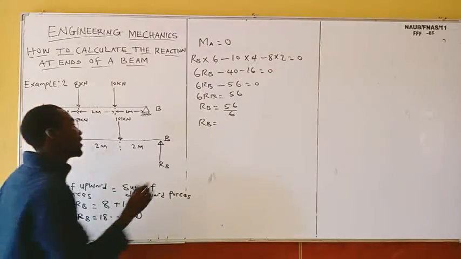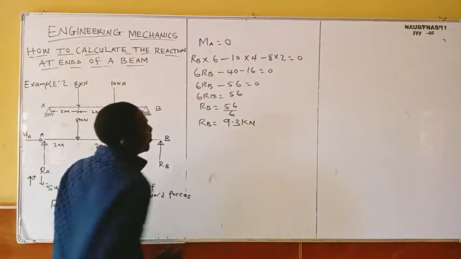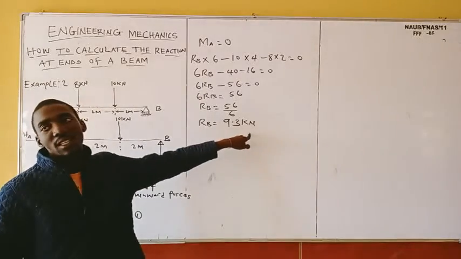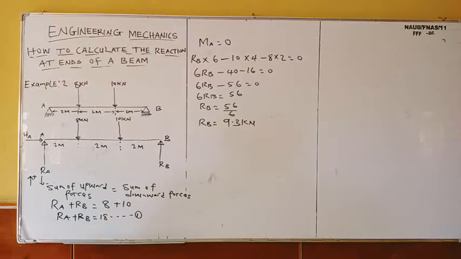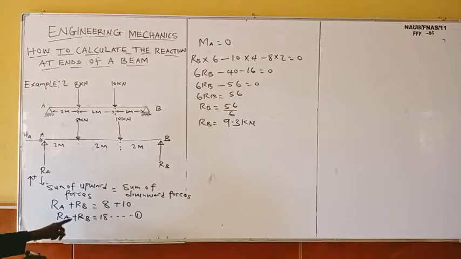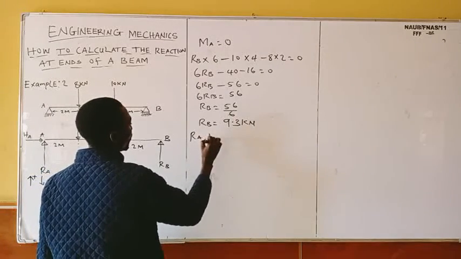You get that? So now RB will be equals to, if you use your calculator to divide that, you are going to get 9.3 kilonewton. Don't forget they are in what? Kilonewton. That's why it's also in what? Kilonewton. So now, can I get my RA? Yes, I can get my RA. So from equation 1, what is my equation 1? Equation 1 is RA plus what?